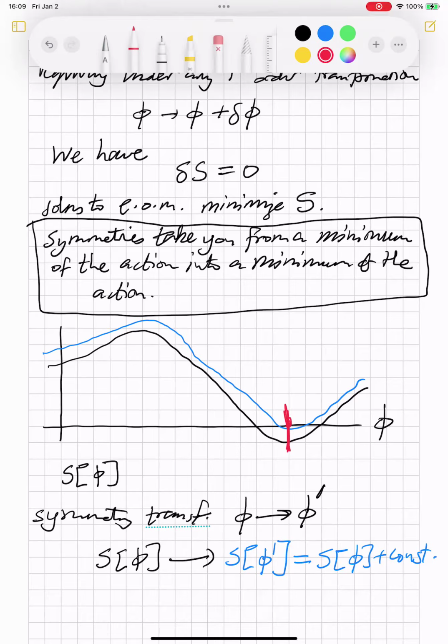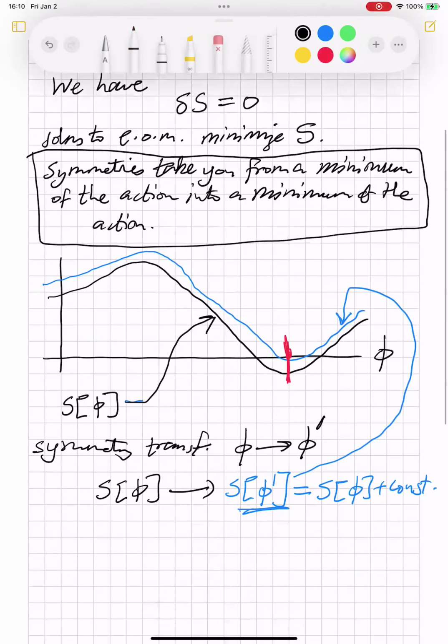So you don't change the horizontal location of where you get a minimum for the action. Okay, so this S of phi is that blue curve over there, and S of phi is that black curve over there. So if the symmetry just shifts this curve by a little bit, we're absolutely in business. We'll be mapping minima of the action into minima of the action.